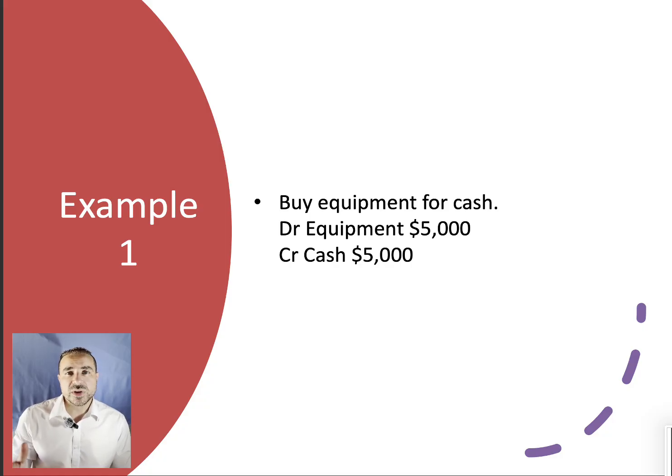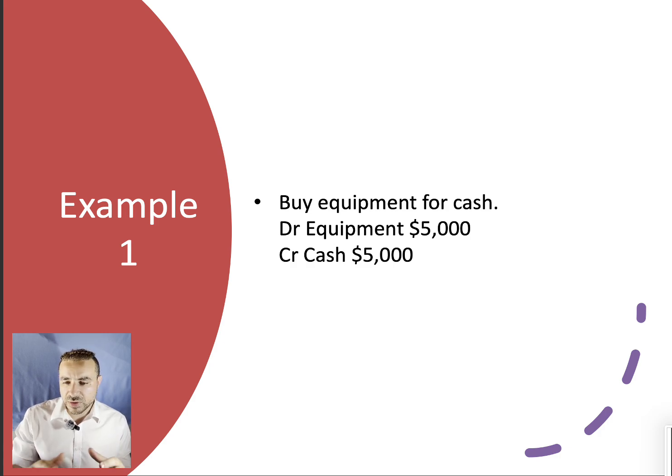When we buy equipment, we increase the equipment side, but we pay through cash, so we need to decrease cash. Increasing the equipment goes in the debit side, so we make debit equipment for 5,000 and credit cash for 5,000, because we decrease the cash and increase the equipment.